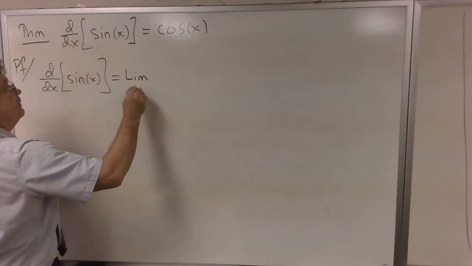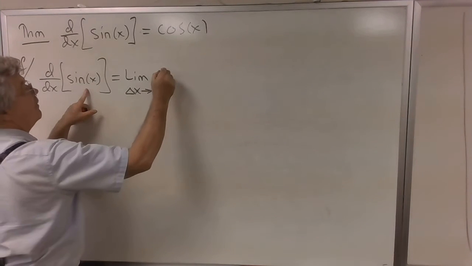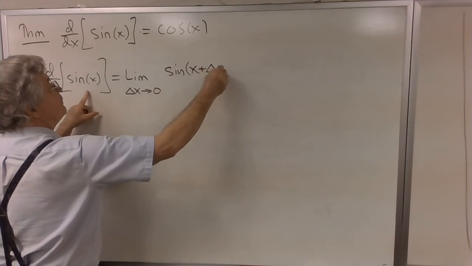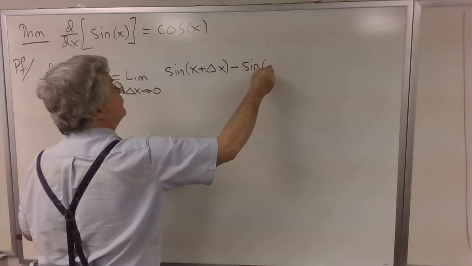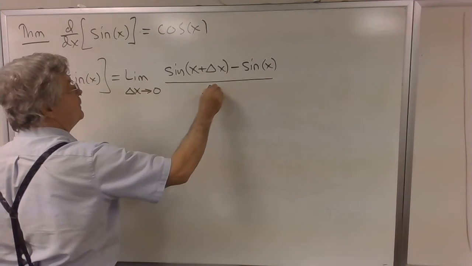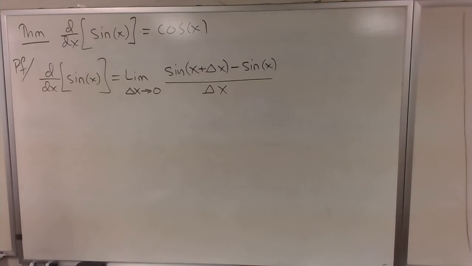Limit as delta x goes to 0 of f evaluated at x plus delta x minus f of x, all over delta x. Cool.